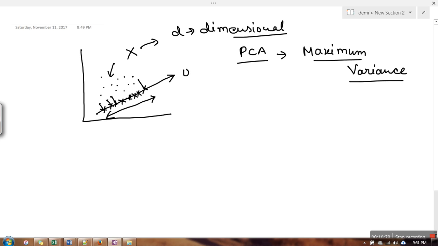If I want to find the projection of x on u, I have to perform a dot product, and that dot product in matrix form can be written as x transpose u. This is a matrix product, t represents transpose, and I am representing it as z. It means z is these points, let's say z1, z2, z3, z4, and so on. So I am representing all of them by z. This is the projection.